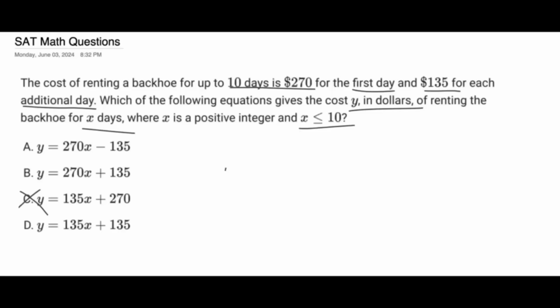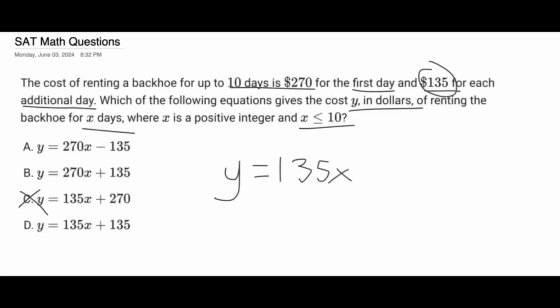Y is the cost in dollars, and it tells us it's $135 for each additional day. So each day is going to cost $135, and x is the number of days. So it's 135x.